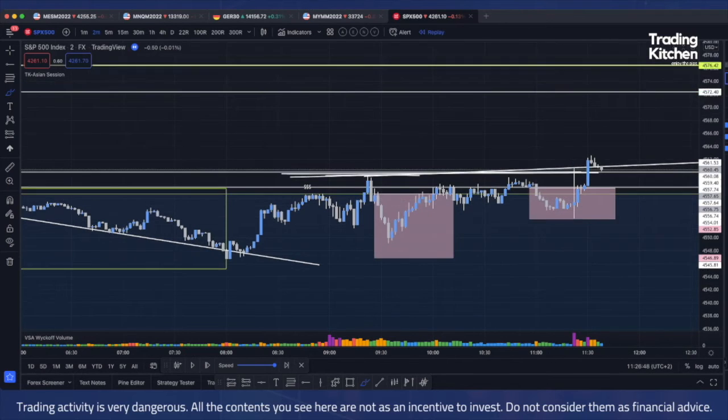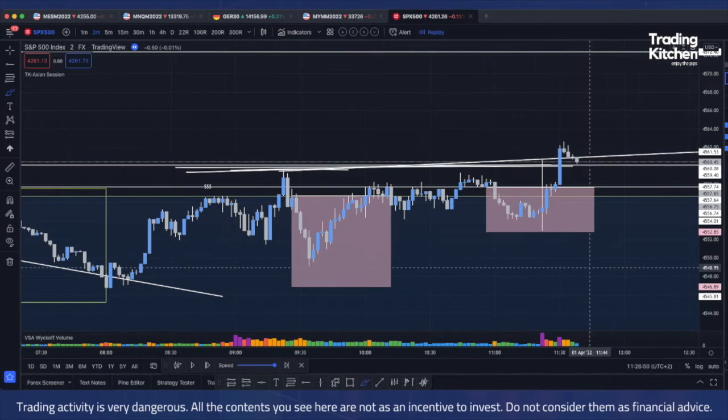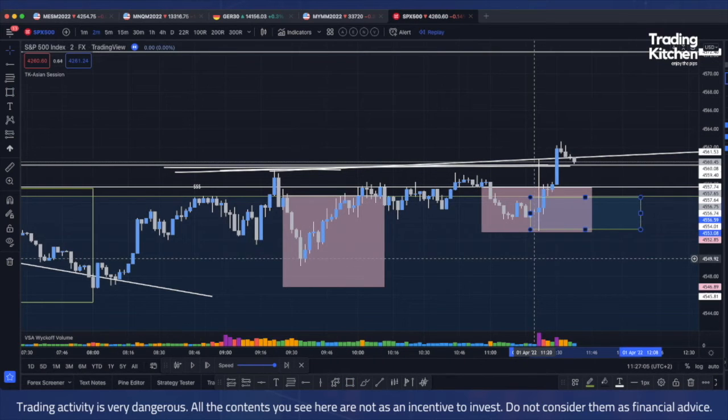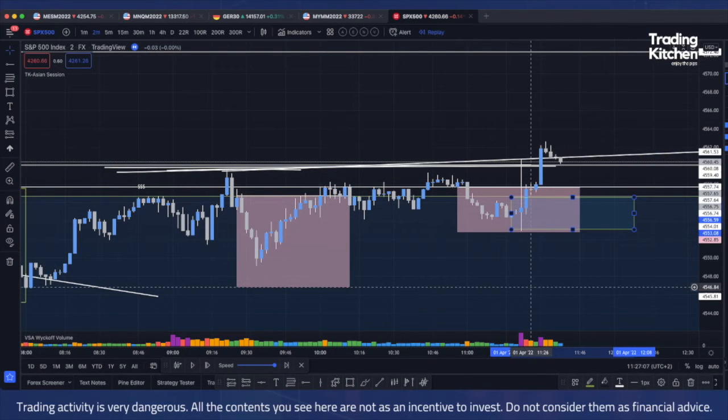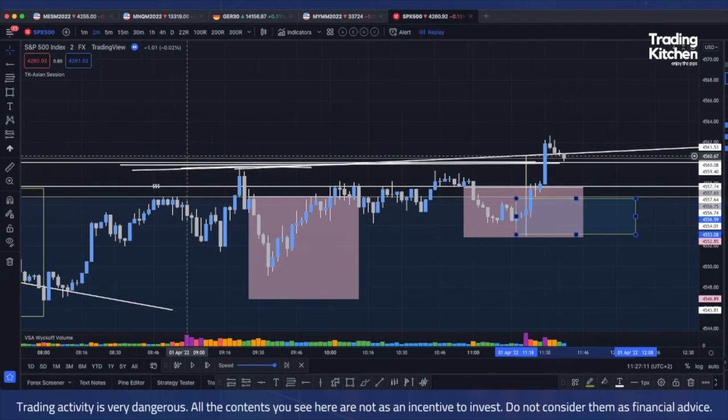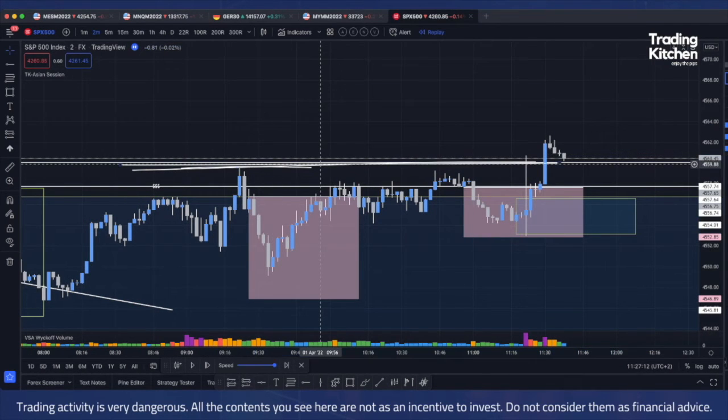Okay, the one thing that we can do is identify this zone. This zone, which is the zone that created the impulse that broke the highs of the Asian session.